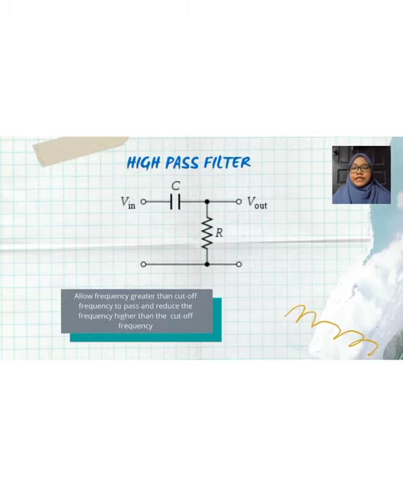For the high-pass filter circuit, the capacitor is in series while the resistor is in parallel. The high-pass filter passes signals that have frequency greater than the cut-off frequency while blocking or attenuating signals that have frequency lower than the cut-off frequency.